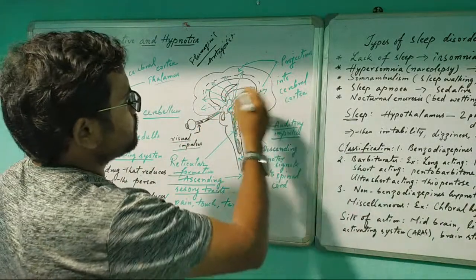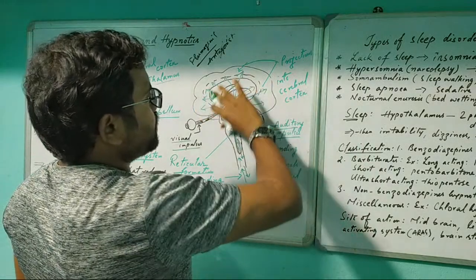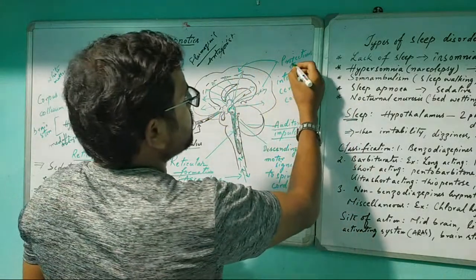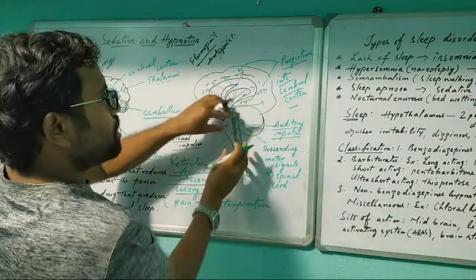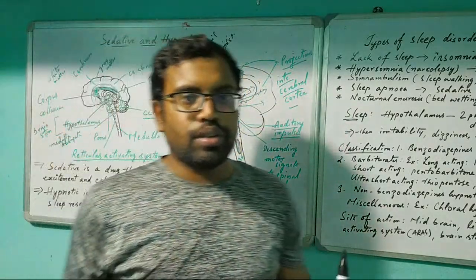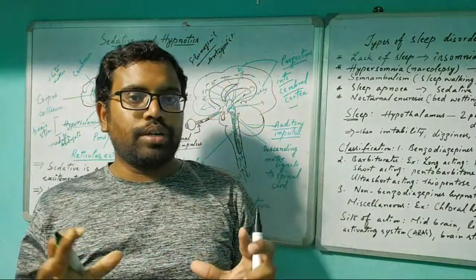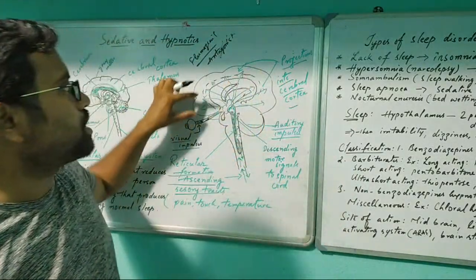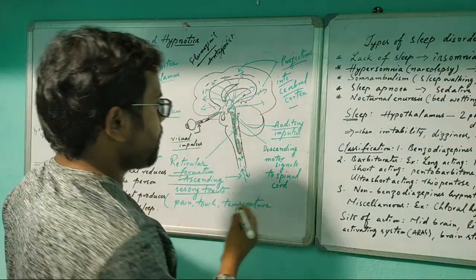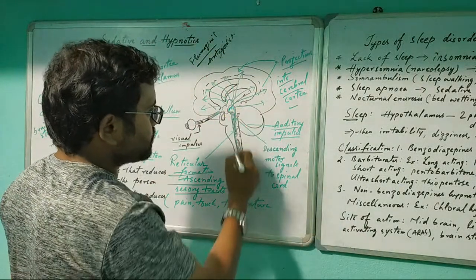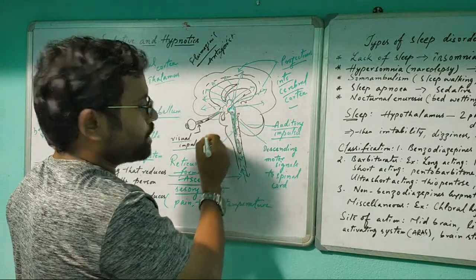All of these are indicated by arrows projecting into the cerebral cortex, connecting these parts with the cerebral cortex. A more complicated nervous system is in the cerebral cortex.